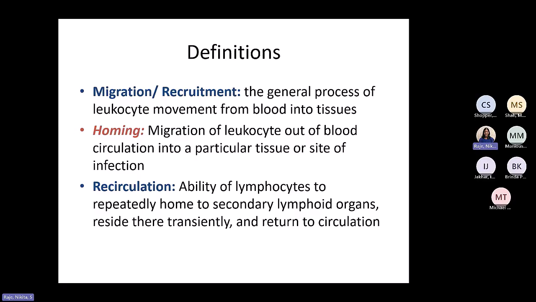So for those of you who just joined, we talked about how the immune cells move constantly, and there is a purpose behind their movement, as well as that movement is pretty highly regulated. And some of the definitions are about migration, homing, and recirculation.